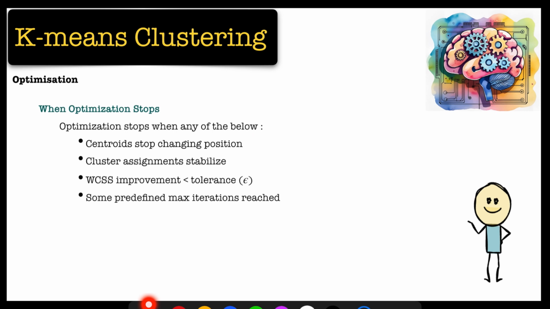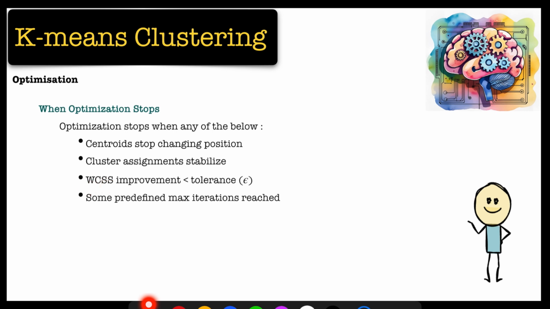If after some iterations the centroids stop changing position, then we can stop. If cluster assignments stabilize, meaning the data points we are assigning to clusters don't change after some time, then also we can stop. WCSS improvement: we are trying to minimize the WCSS so that we get tighter clusters.